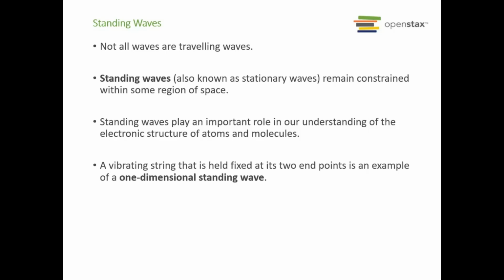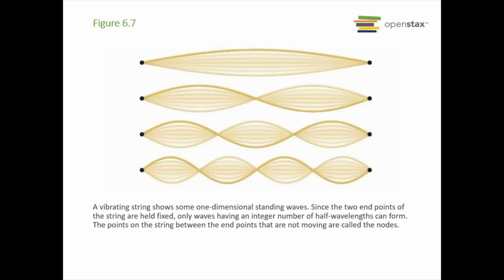If you have a string that is held where it's fixed at its two endpoints, just like a guitar string, you have a one-dimensional standing wave. So these are all examples of one-dimensional standing waves. And if you notice, we can only have these kind of nodes happening at the half value.